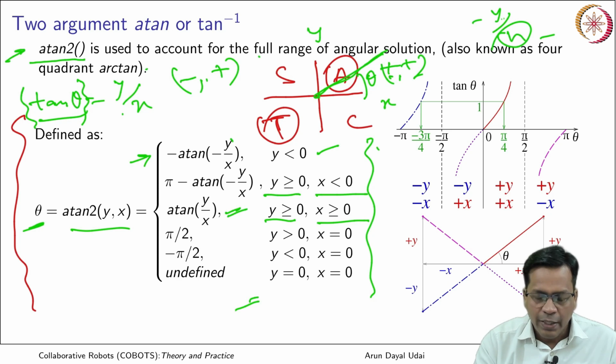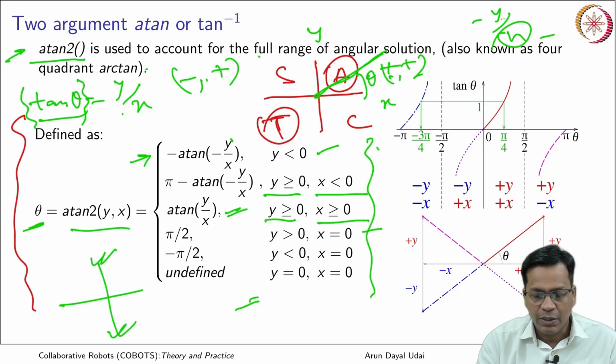Okay. For y greater than and x less than this, both are greater than or equal to 0, you can take directly. Again, there are some explicit conditions in which one of them becomes equal to 0, especially the denominator. So, when denominator is equal to 0, you can have solution either over here or here. In that case, plus 90° or minus 90°, you can directly check the condition without evaluating the tangent, and you can write it as plus pi by 2 or minus pi by 2.